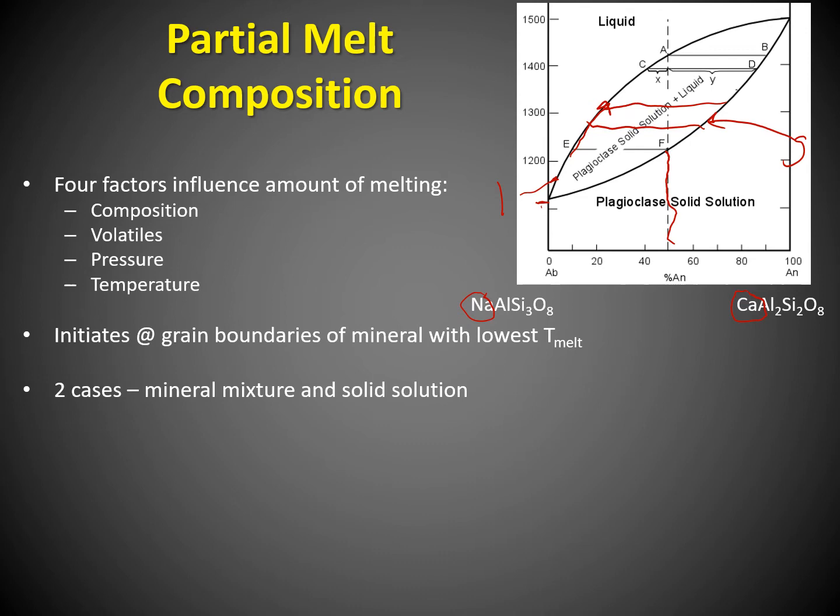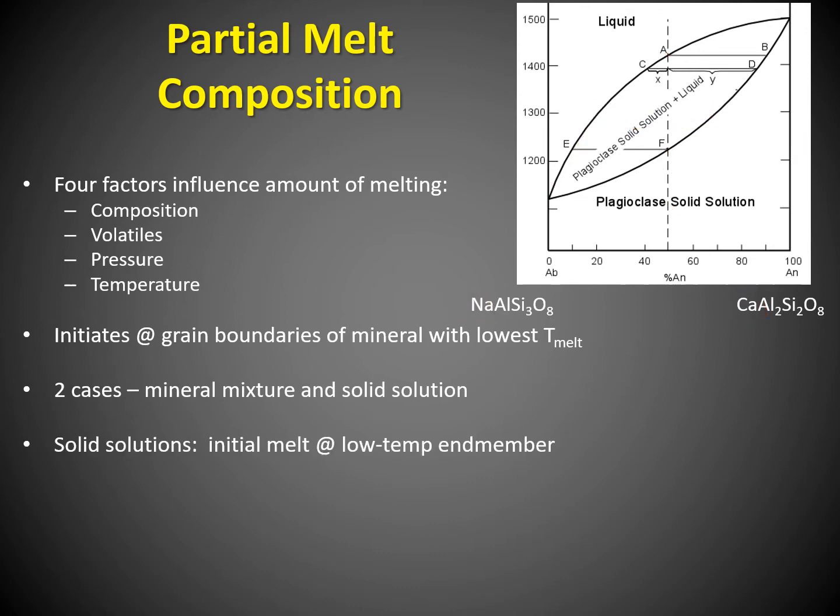Now, if you completely melt it, you end up back here at A, where you have a melt that's 50-50, right? But in the mantle, you're not melting everything, okay? You're only melting a few percent. So the point of this is that you end up initially melting the lowest temperature end member preferentially. Your melt is a little different than what you started with. You're going to break the easiest bonds first.